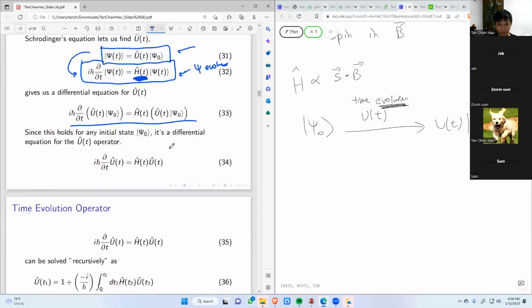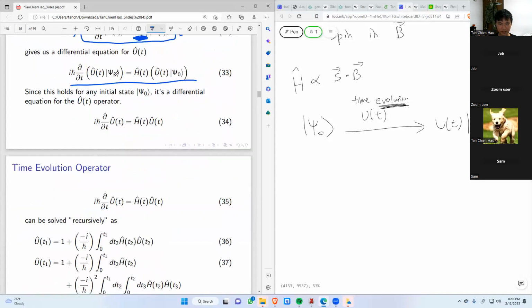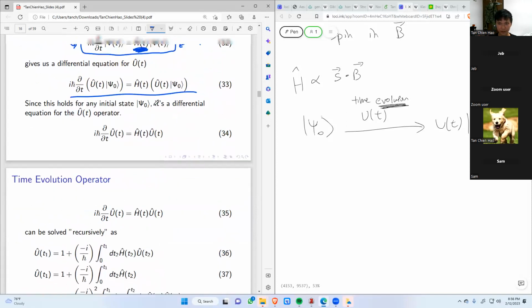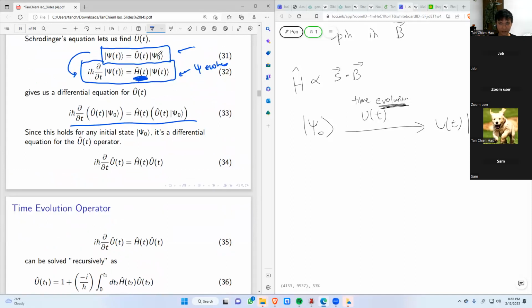This holds for any initial state psi naught, because we can plug any value of psi naught into the equation. So this is not an equation that cares about psi naught at all. It's an equation for the differential of the time evolution operator, and that gives us this.